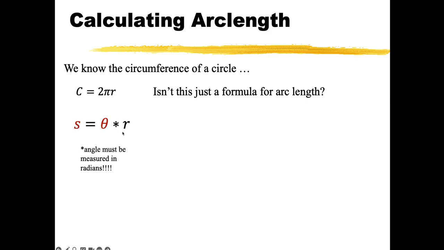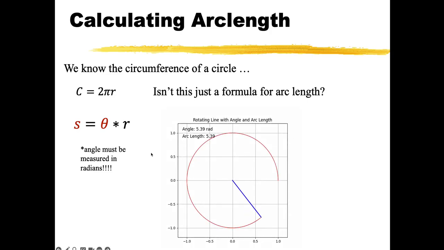So if I replace the circumference with the arc length, and I replace the 2 pi, which is in radians, this puts me in this angle measure of radians. Then if I multiply by the radius, I get the arc length. So 2 pi, which is the same as 360 degrees, times r gives me the circumference, or that arc length all the way around.